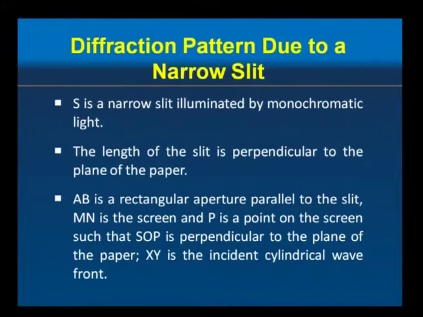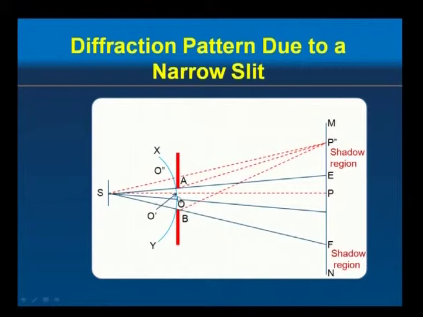When light is passing through a narrow slit, you have a cylindrical wavefront, and let us first try to find the intensity at the point P. As I told you in the last lectures, because you are talking about the intensity variation, I showed you in the case of a circular aperture, when you have a circular hole, we saw bright rings and dark regions, bright region followed by dark region, bright region, and so on.